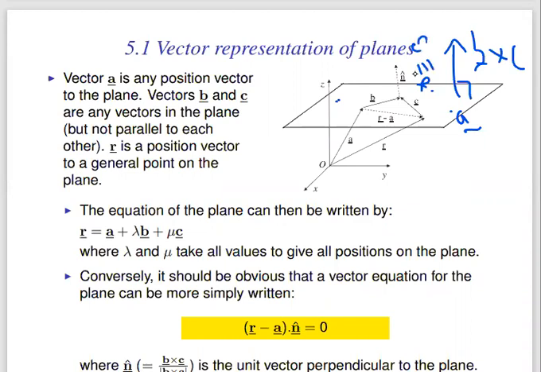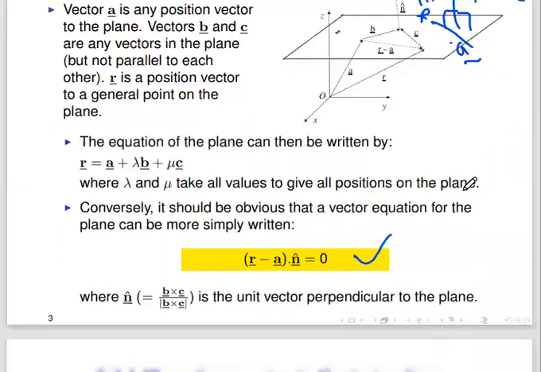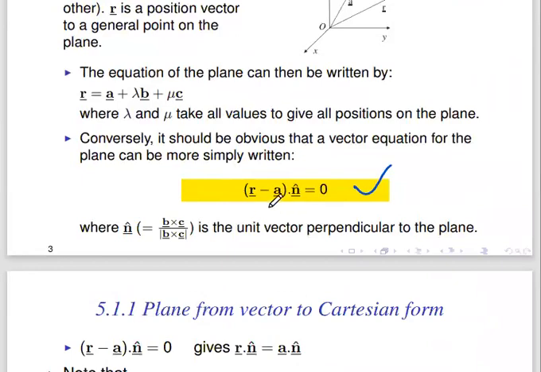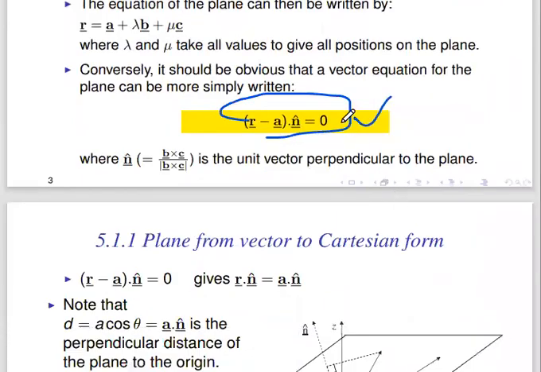Then you can find a vector in the plane, which is perpendicular to this normal vector, and take the dot product, which is 0. Then we can express it in terms of x, y, and z, which is called the vector equation. You can convert that into Cartesian if you like, right?